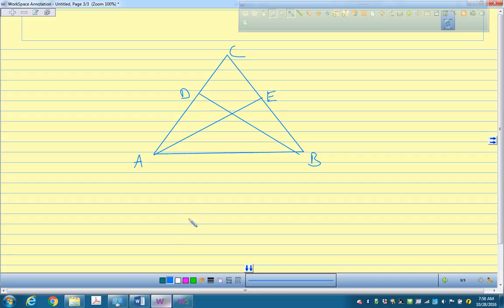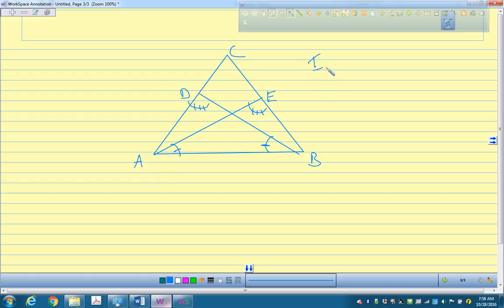And then I am going to tell you that this is congruent to this. I'm going to tell you also that this up here is congruent to this up here. And then I'm going to ask you, okay, where's AE?